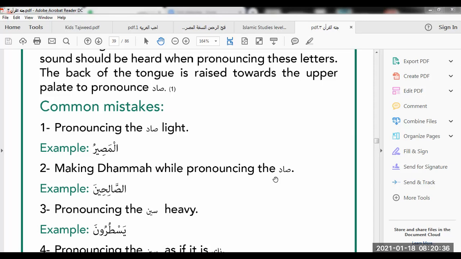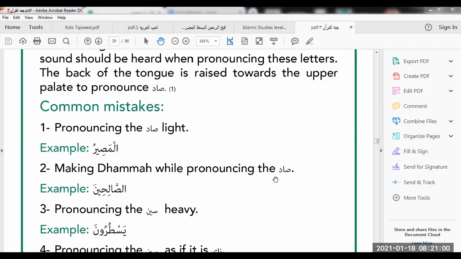They make the lips a circle or round, thinking this dhamma improves the quality of صاد and makes the letter heavy, but it's wrong.